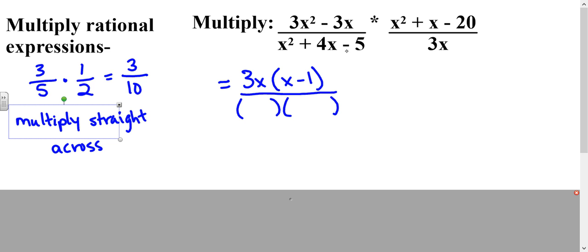So I'm trying to multiply to be -5 and add to be 4. So I could use 5 and 1, and the 5 would have to be positive. So it'd be x plus 5 and x minus 1.